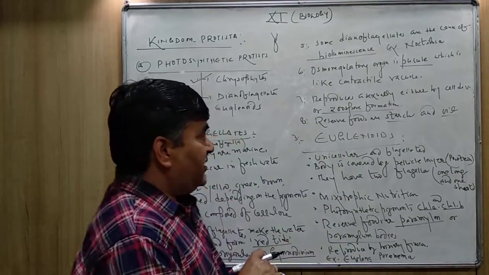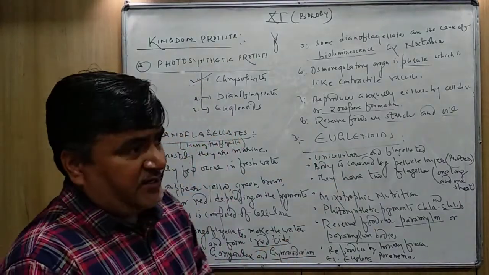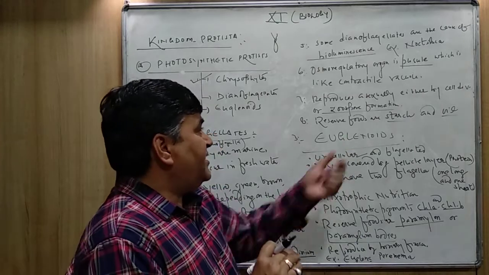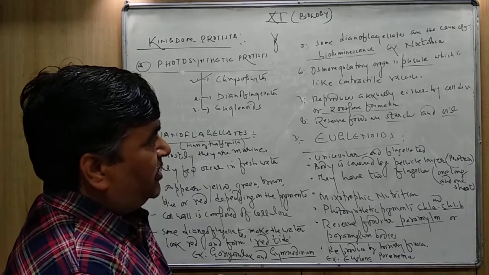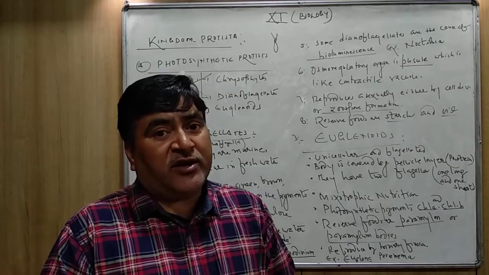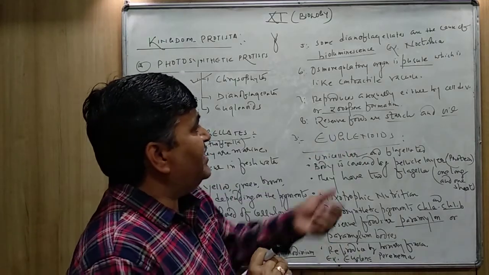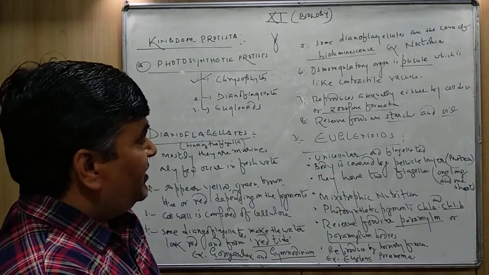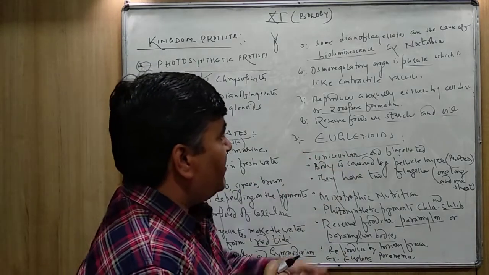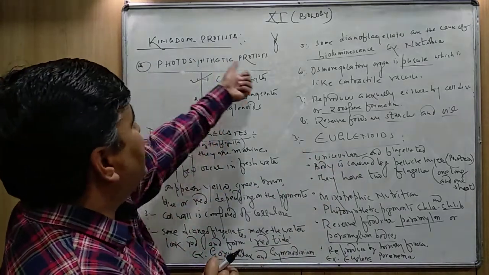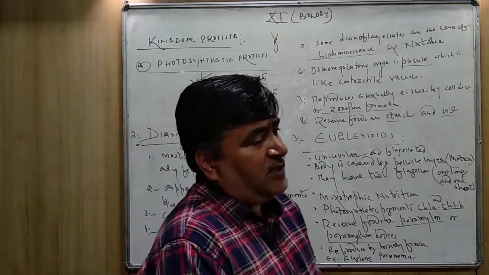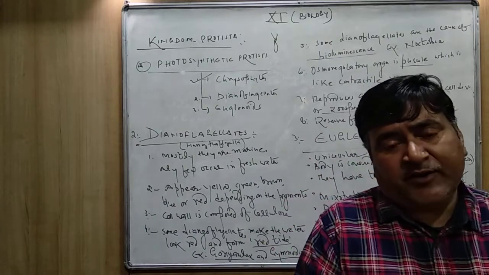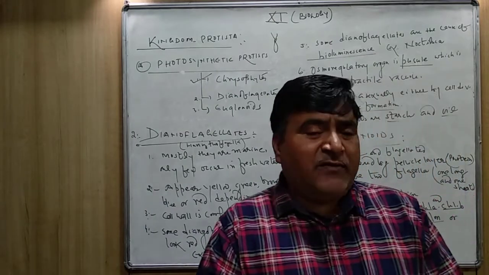Now the next one is the euglenoids. Euglenoids also include unicellular and flagellated organisms. Why have the euglenoids been made a separate subgroup of photosynthetic protists? The members of the euglenoids are very special.